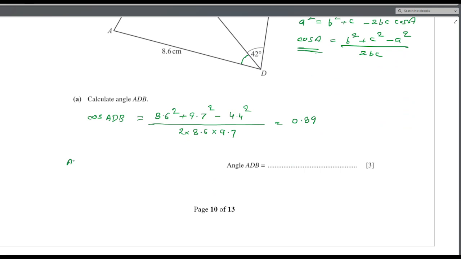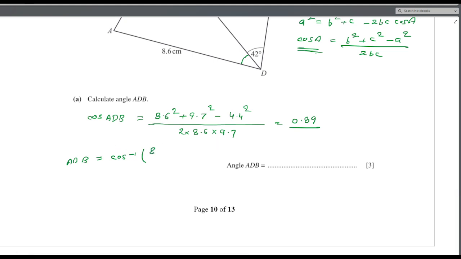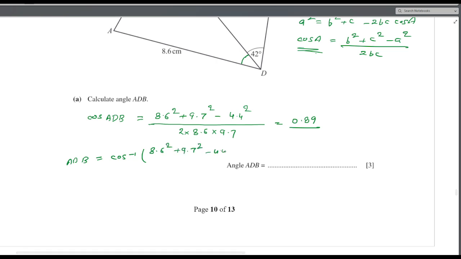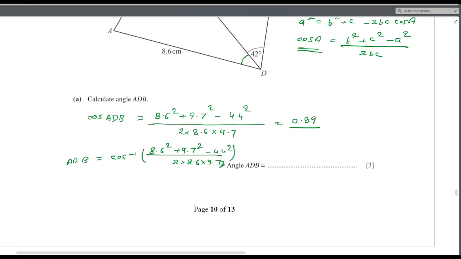But when you calculate ADB as cos inverse, instead of using 0.89, you should write cos inverse of 8.6 square plus 9.7 square minus 4.4 square divided by 2 times 8.6 into 9.7. This indicates that you are using the exact value, not the rounded one.